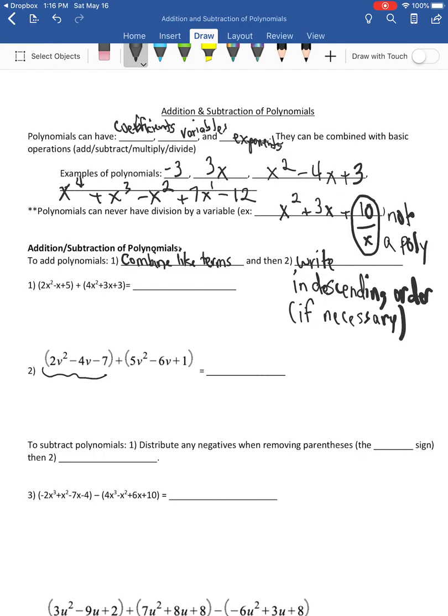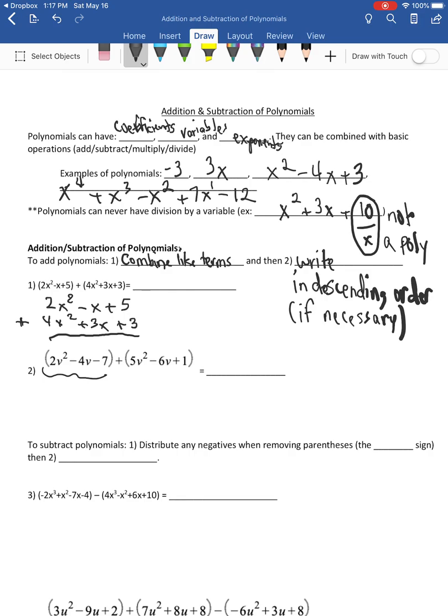All right, so let's take a look at an example like that. 2x squared minus x plus 5 plus 4x squared plus 3x plus 3. Okay, we're going to start by removing the parentheses. 2x squared minus x plus 5. And I'm going to line up the like terms underneath each other. 4x squared plus 3x plus 3. Okay? And all we're going to do is combine these like terms.